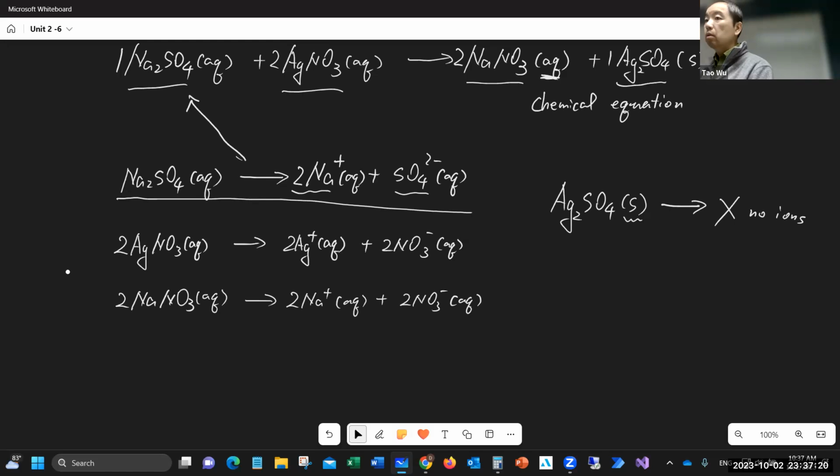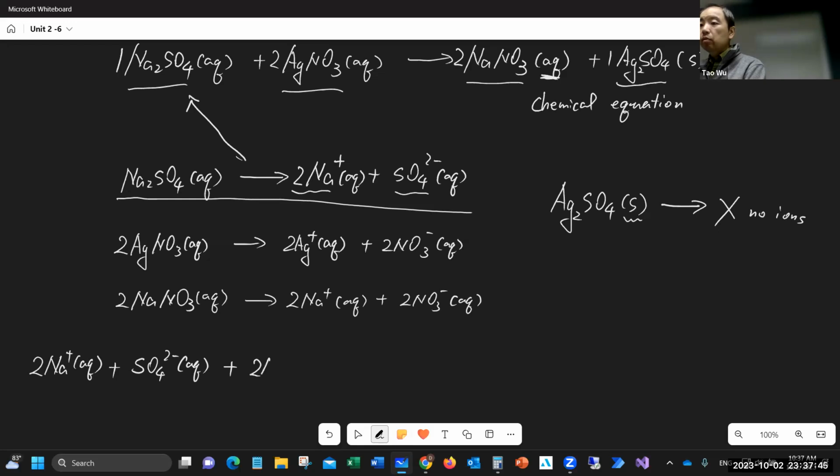Now let's rewrite the previous parts. 1 mole of sodium sulfate becomes 2 moles of sodium ions plus sulfate, plus 2 moles of silver nitrate become 2 moles of silver ions plus 2 moles of nitrate ions.